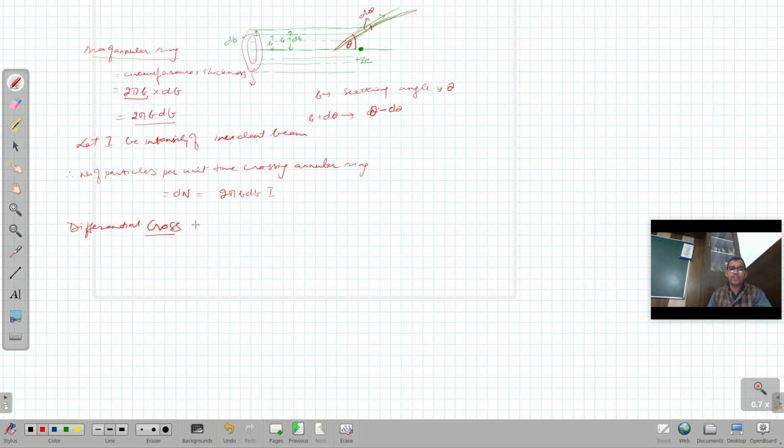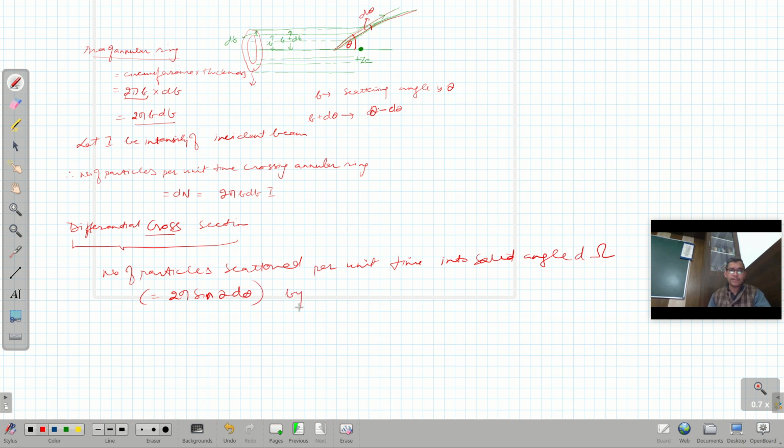From that we can also estimate the number of particles scattered per unit time into solid angle d omega, and this solid angle d omega is represented by 2 pi sine theta d theta, by a single target, as I talked about in the earlier lecture.